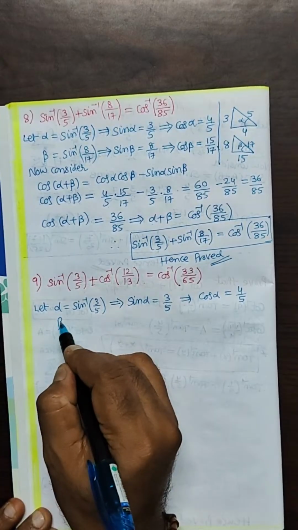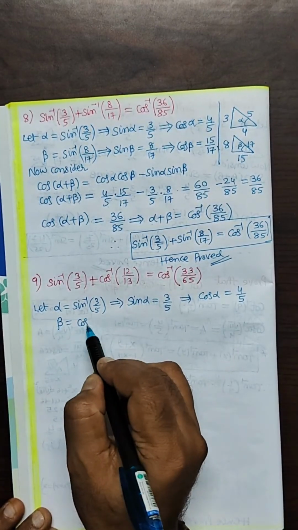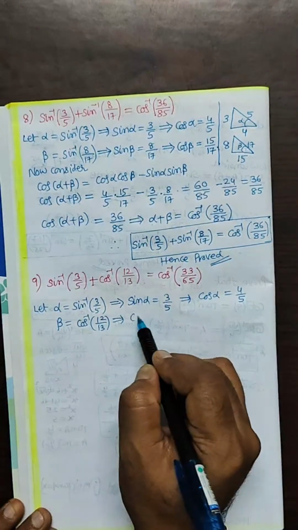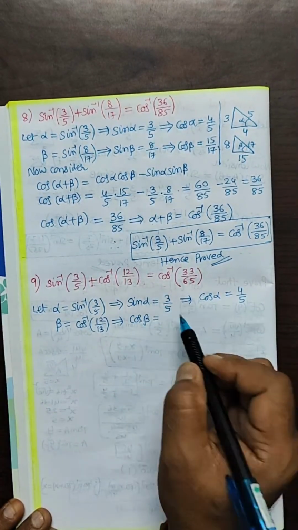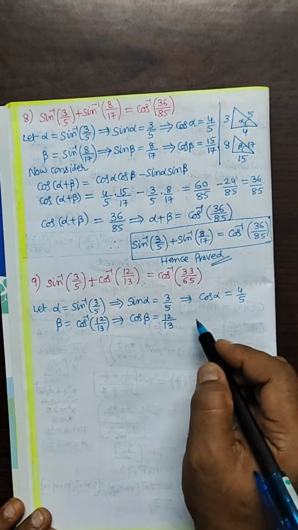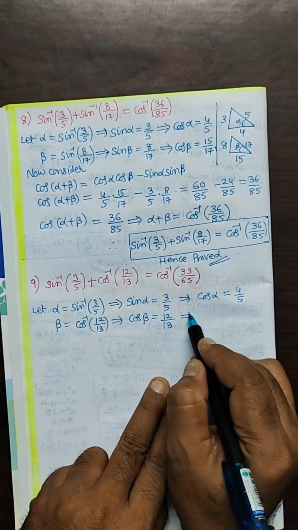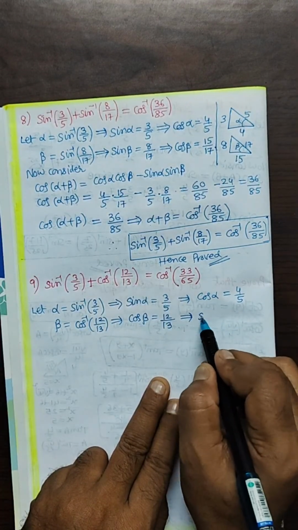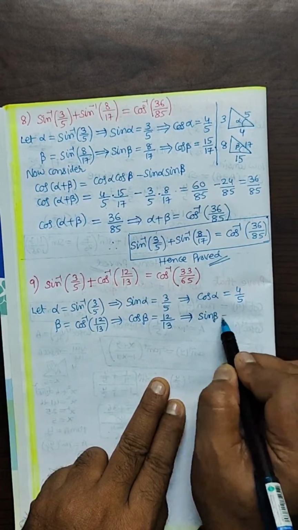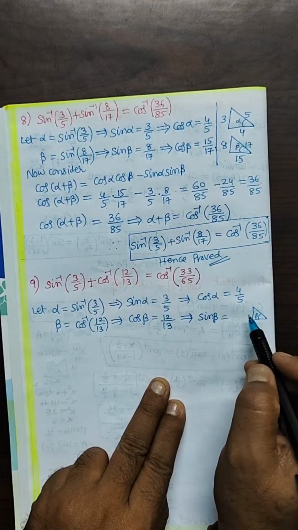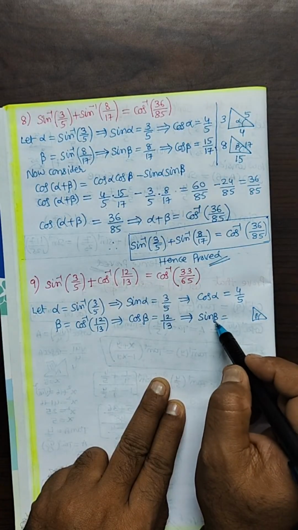Okay. Next, beta is equal to cos inverse of 12 by 13. That implies cos beta equal to 12 by 13. So that implies sin beta equal to, so beta is here.